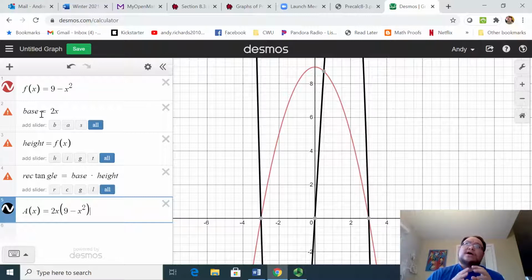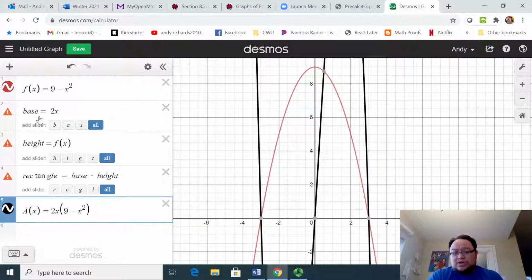So I want to make sure that when we get an applied question like this, that we understand what it is, because I get that we have a geometry formula here, which is just the base times the height, but the area in terms of a function means that for whatever input, whatever value we choose for x, we are then going to get the area from it by figuring out what this 2x times 9 minus x squared is.